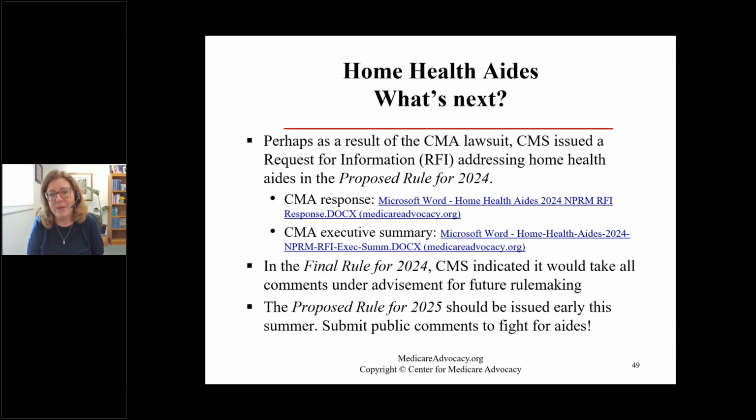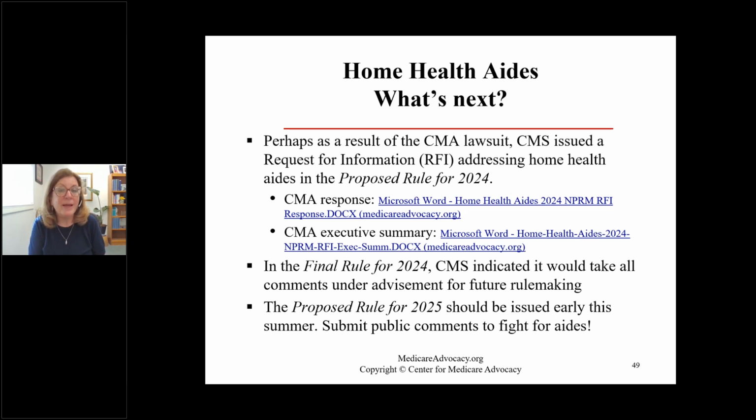But what's next for home health aides? As a result of the lawsuit, we have been told, although it really doesn't matter, what is important is that CMS has issued a request for information addressing this crisis in access to home health aides. That was in last year's proposed rule, and the final rule for 2024 indicated where CMS said that they would take into advisement all of the comments that were received.